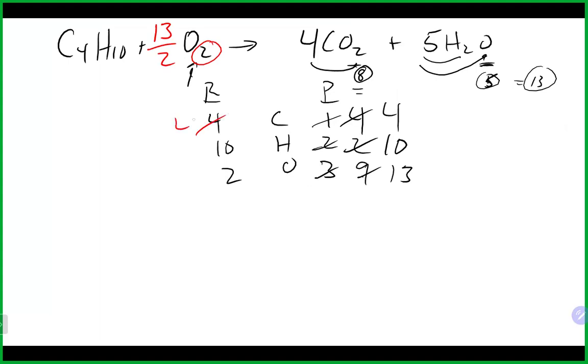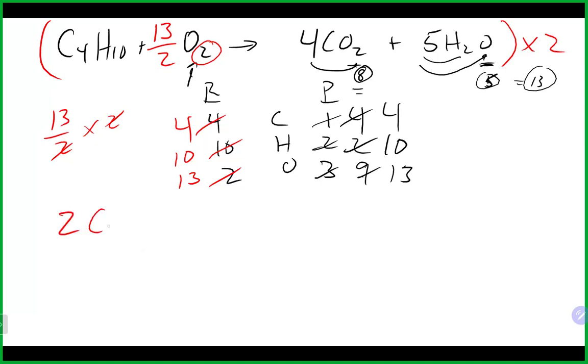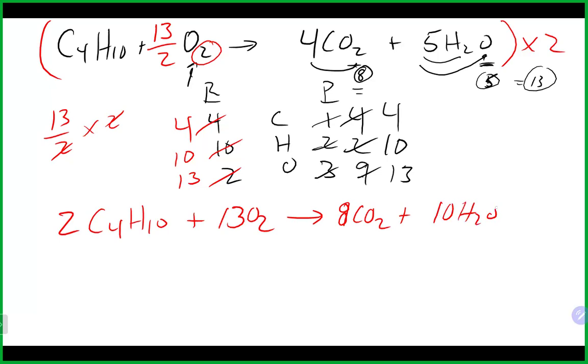That's going to now give me 4 carbons, 10 hydrogens. And once again, when I take 13 over 2 times 2, they cancel and gets me 13. Once again, as we talked about, we cannot leave it like this, so we're going to multiply everybody by the denominator in this case to get rid of the fraction, giving me 2C4H10 plus 13O2, if I can multiply right, yields 8CO2 plus 10H2O.